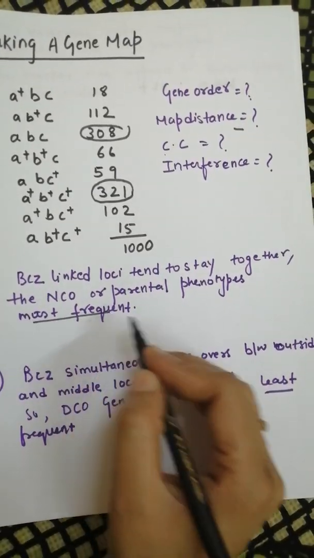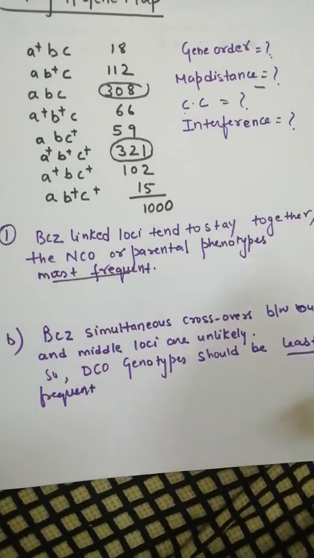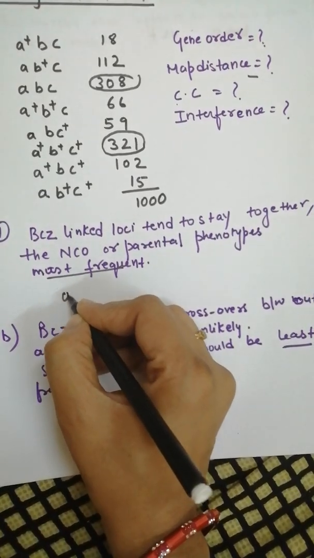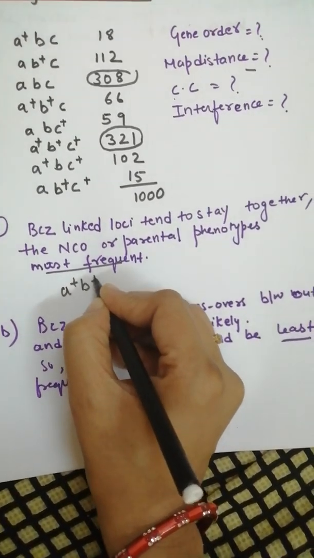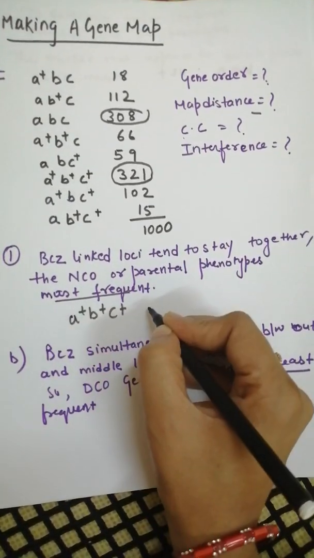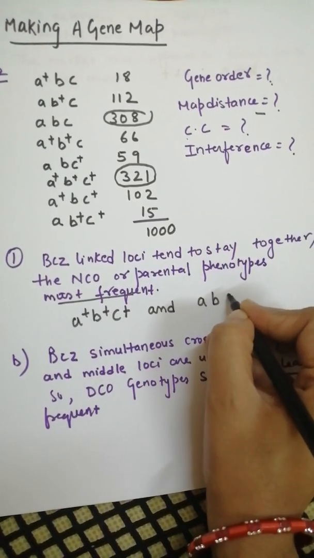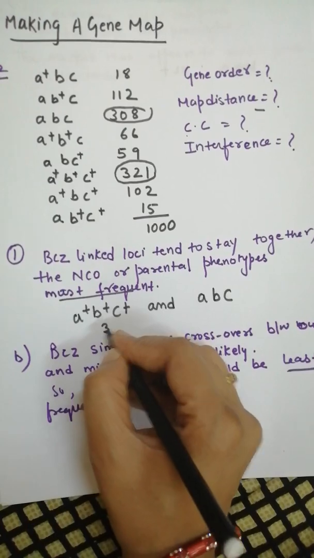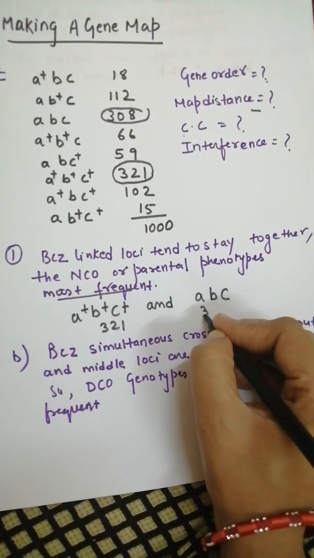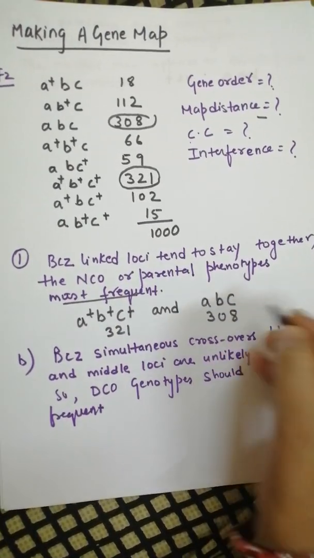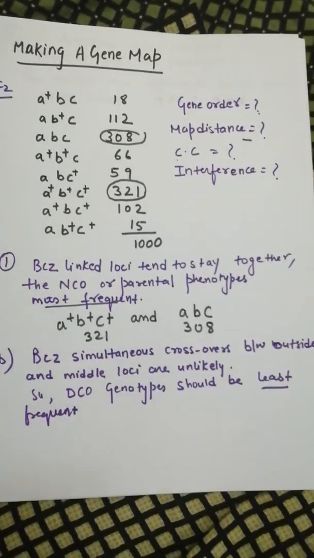Which one is most frequent? 308 and 321. The genotype is A plus, B plus, C plus and A, B, C. This is 321 and 308.